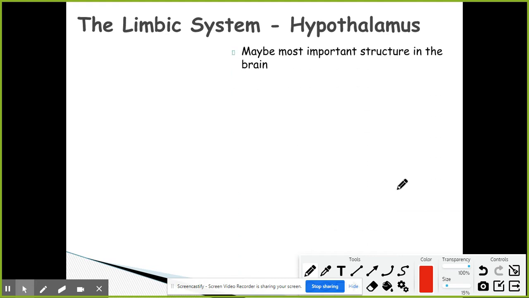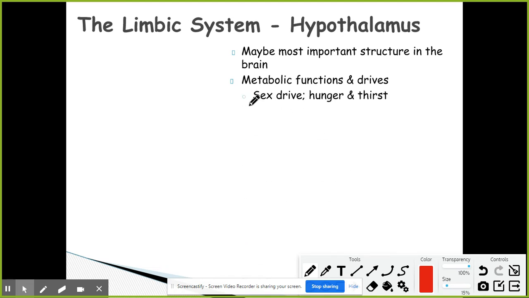Hypothalamus is maybe the most important structure in the brain. It deals with a lot of our metabolic functions, meaning metabolism. Controls the speed of our metabolism and our drives. If you're sexually attracted to somebody, that's the hypothalamus releasing a neurotransmitter called oxytocin.